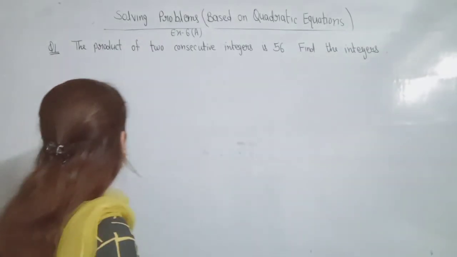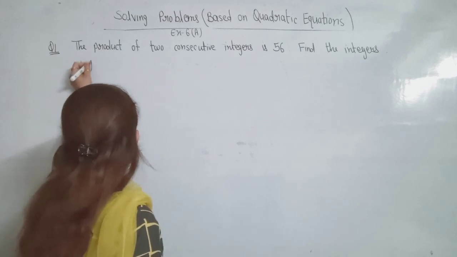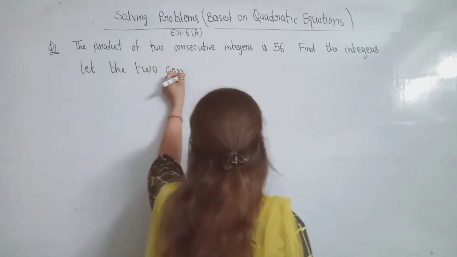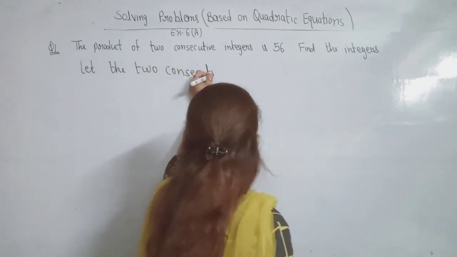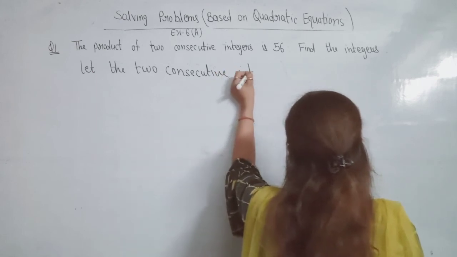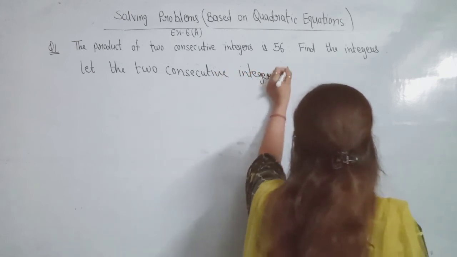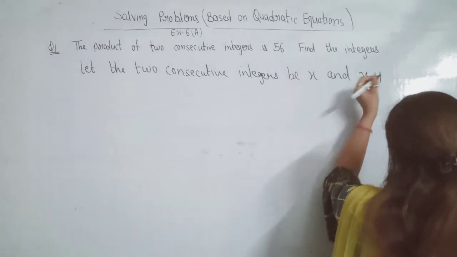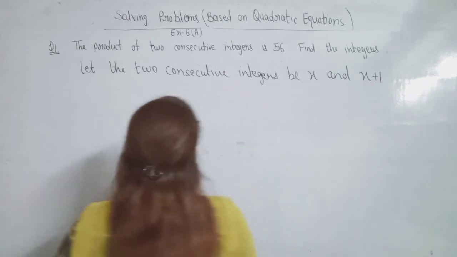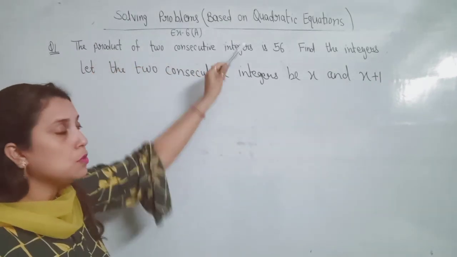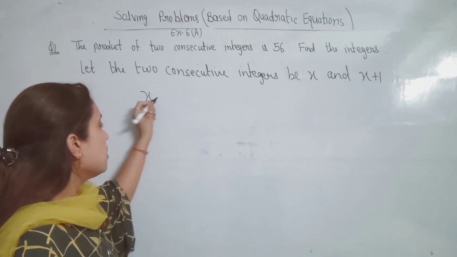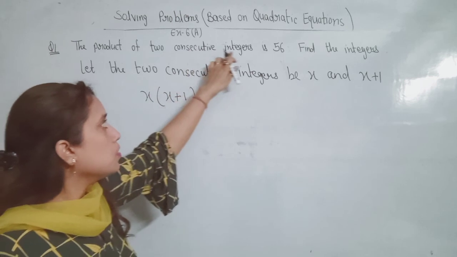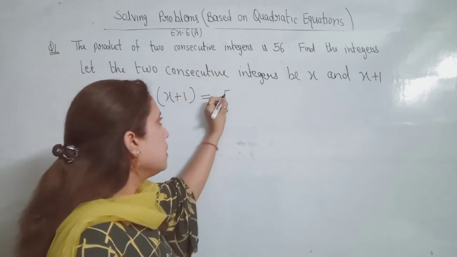So first we let the two consecutive integers be x and x plus 1. Now in the question it is given the product of the consecutive integers, it means x into x plus 1. The product of two consecutive integers is 56.